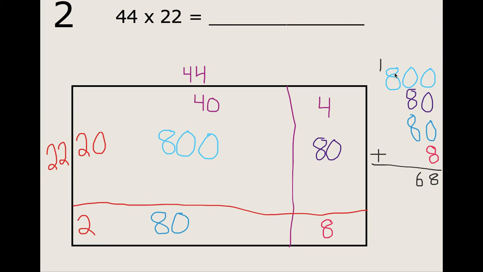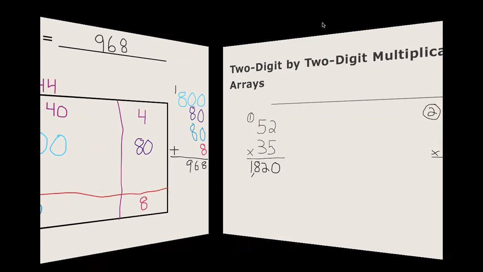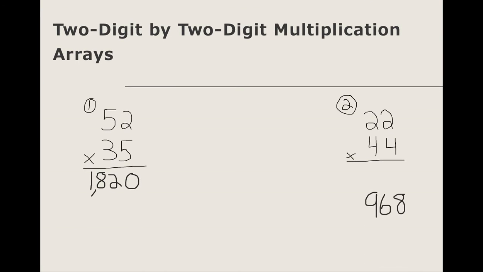And 8 doesn't have anything down here, but it does have the carried 1, so 8 plus 1 is 9, and then we put our product of 44 times 22 right up here, and it is 968. So now I'm going to come over here and we're going to put our answer right here. So that's how to do a multiplication array for 2-digit by 2-digit numbers.